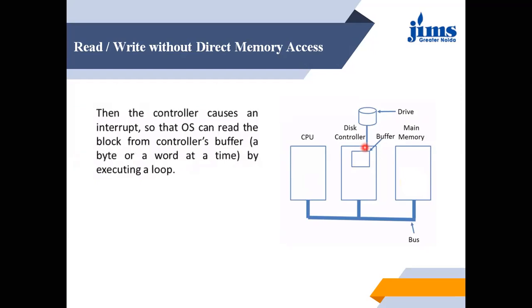efficiency of work has decreased. Then the controller throws an interrupt so that the operating system can read the block from the controller's buffer, a byte or a word at a time.